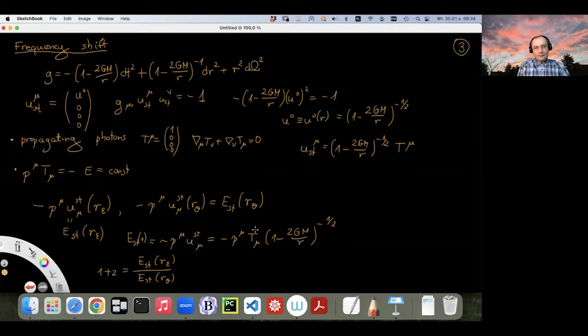We can plug in the formula over here, use the fact that this is constant in both expressions, and what we get is just (1 - 2GM/r_E) over (1 - 2GM/r_O), to the power of 1/2.